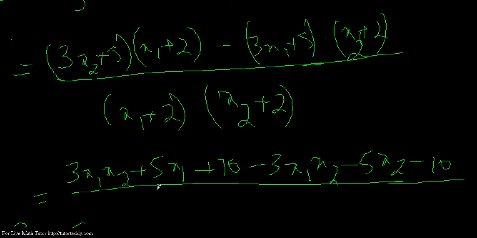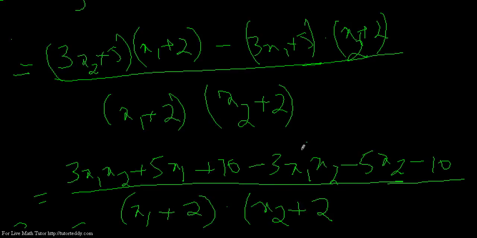And below we keep these two terms, x1 + 2 into x2 + 2. Here 3x1x2 minus 3x1x2 get cancelled, and we are left with the remaining terms.